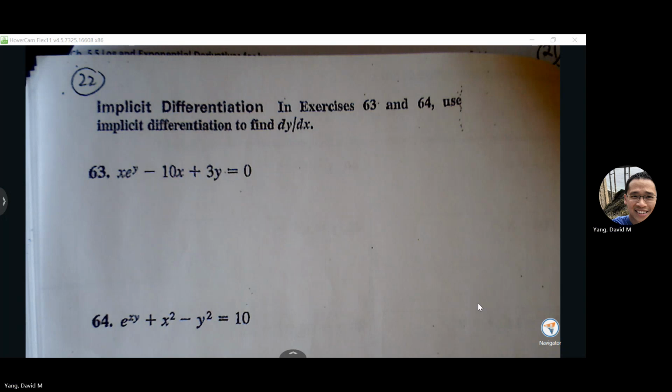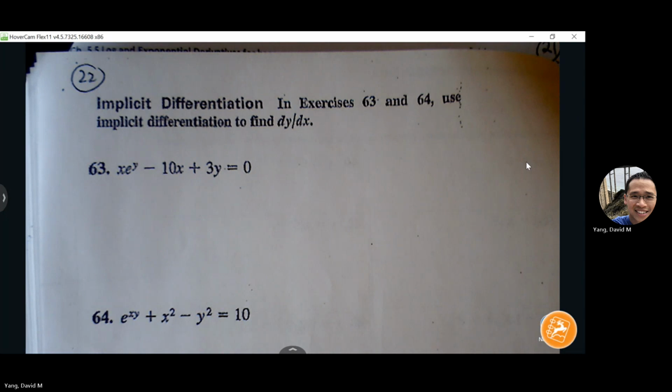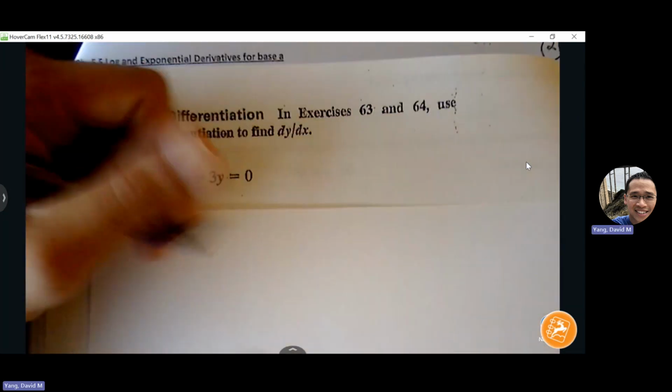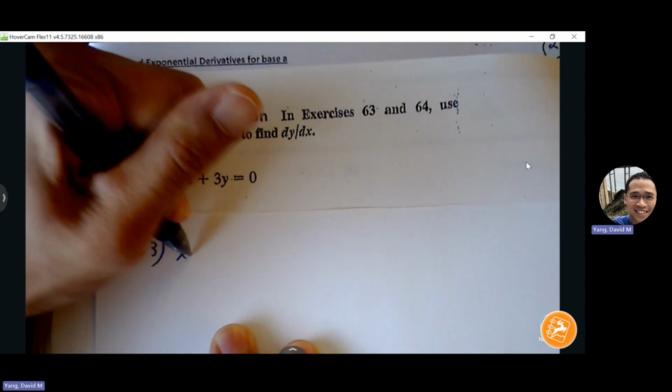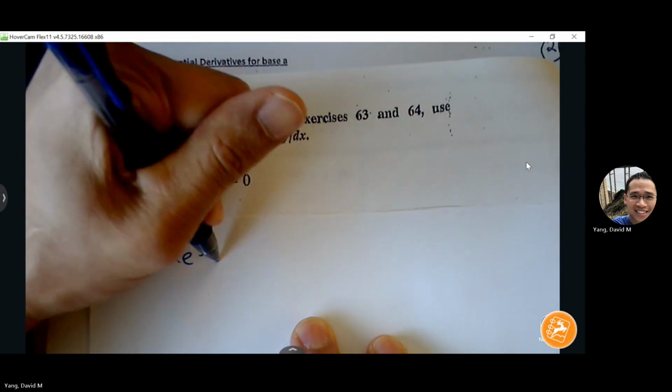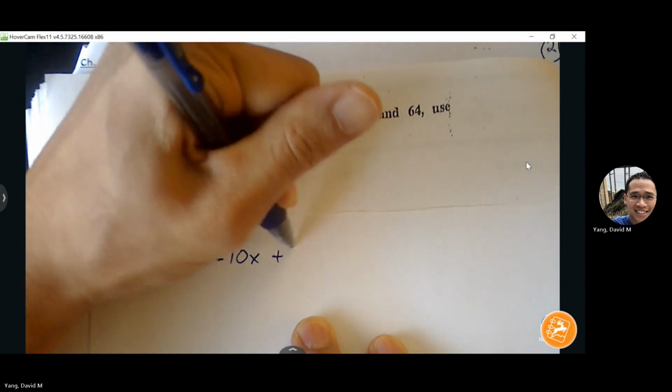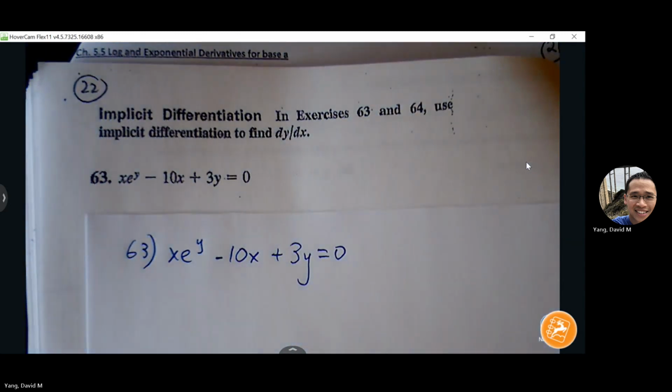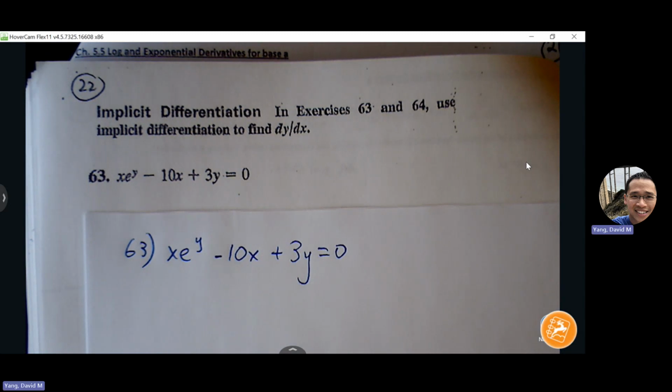Second. Okay, so 63. Okay, so we will start off with product rule.